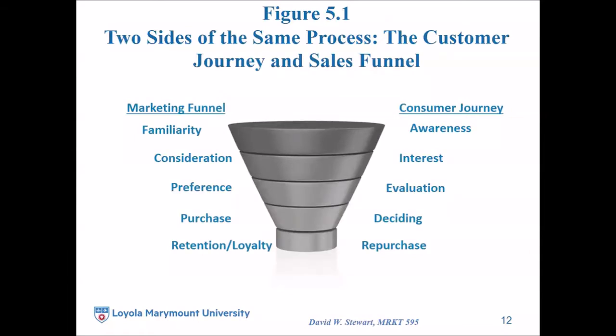You may see them referred to as a marketing funnel. You may see them referred to as a customer journey, depending on your point of view. If you're looking at the world from the standpoint of the marketer, you may look at the marketing funnel. If you're looking at the world from the standpoint of the customer, you might look at it as the customer journey, but they really map into one another.